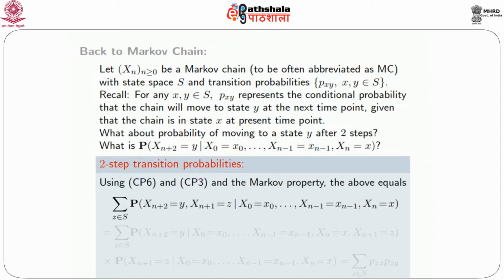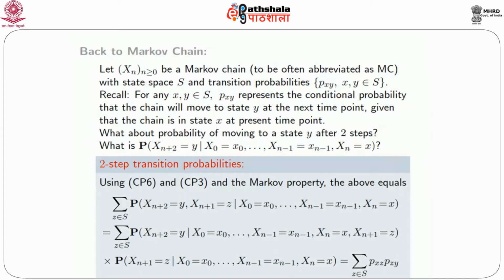So as I mentioned, using CP6 and CP3 and the Markov property, you can easily see that the conditional probability that we are interested in can be broken up as the sum over all z in S. That's the first step.